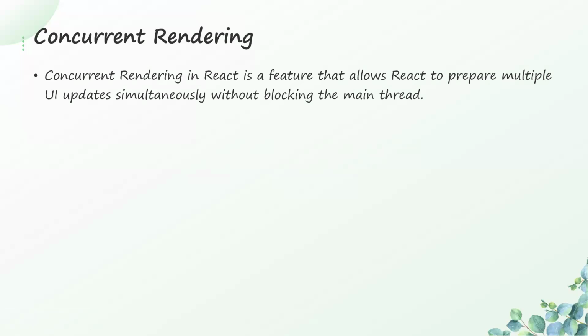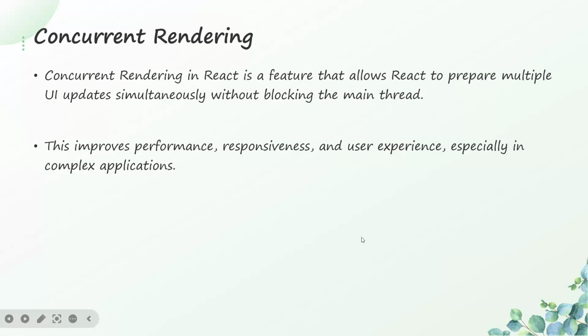When you're working on your React application and updating some states, concurrent rendering, although it's an advanced feature, allows React to prepare multiple updates simultaneously without blocking the main thread. So while React is preparing all those multiple updates, your application is still running. Let me put it that way.